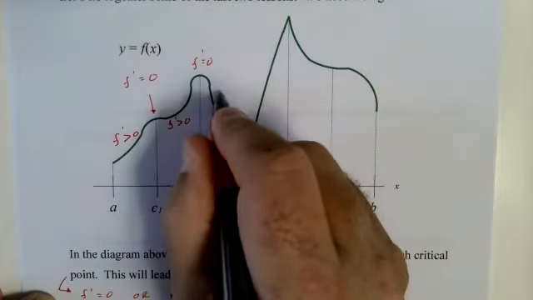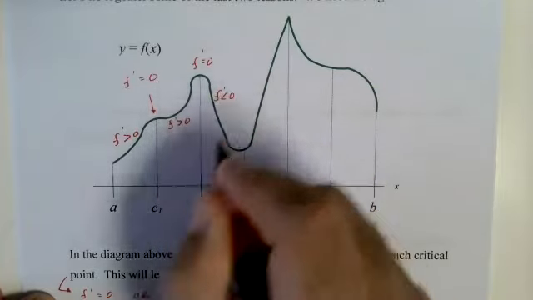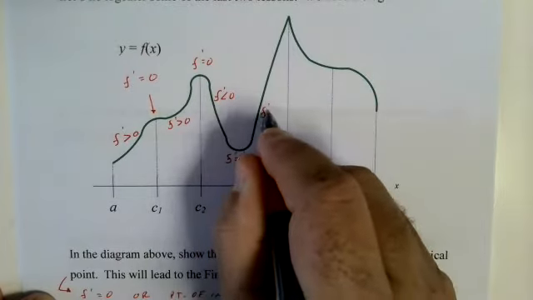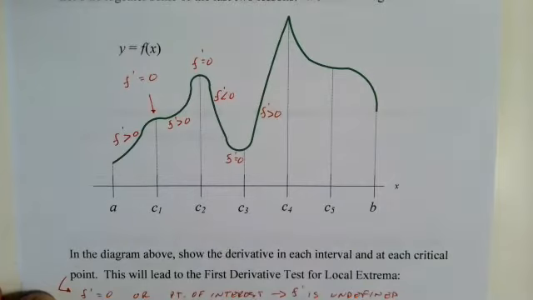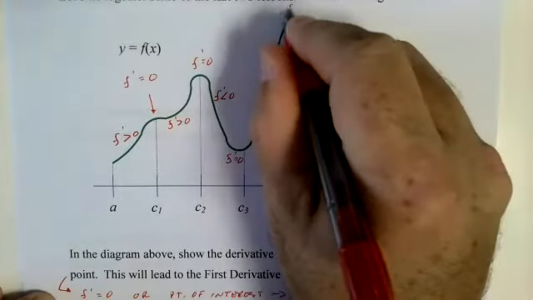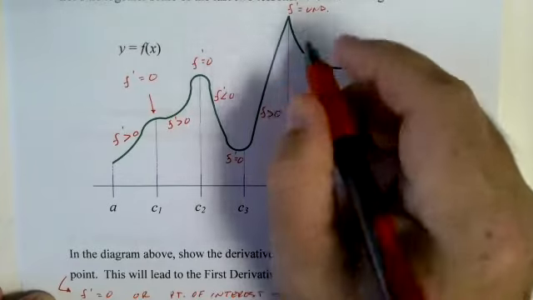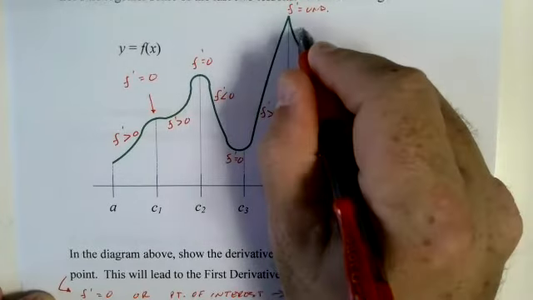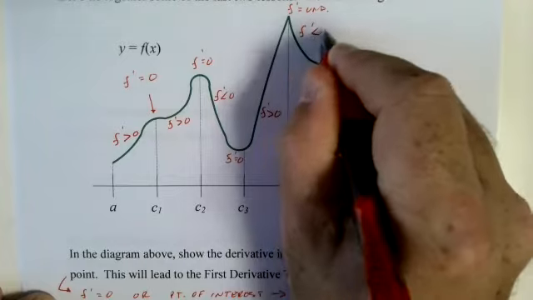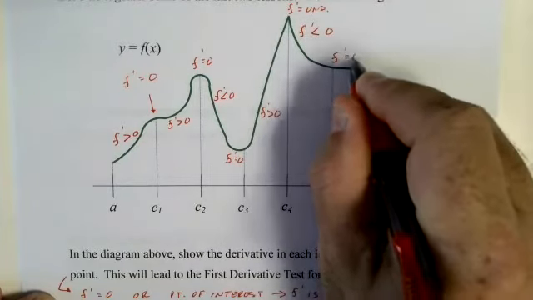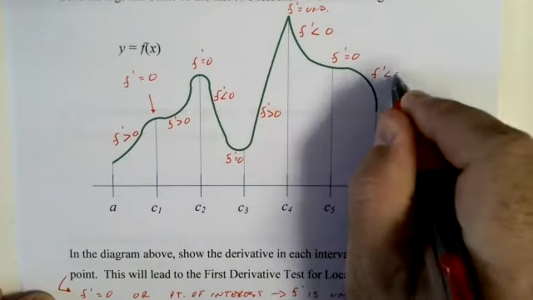Here the derivative is less than 0. Here the derivative equals 0. Here the derivative is greater than 0. Here the derivative is undefined. Here the derivative is less than 0. Here the derivative is equal to 0, and here the derivative is less than 0.